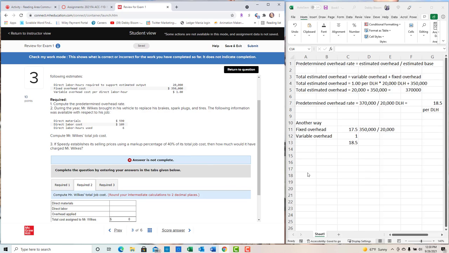So now all we have to do is figure out the overhead applied to the job. Well, our overhead is $18.50 per direct labor hour. And this particular job in part 2 had 6 hours used. So it's going to get 6 hours of overhead at $18.50 per direct labor hour. So the only thing we need from part 2 is our overhead applied, which is going to be the direct labor hours used in the job, multiplied by our overhead application rate.